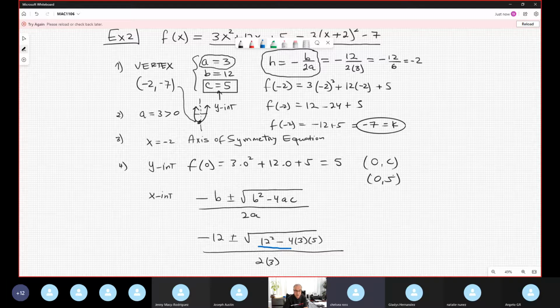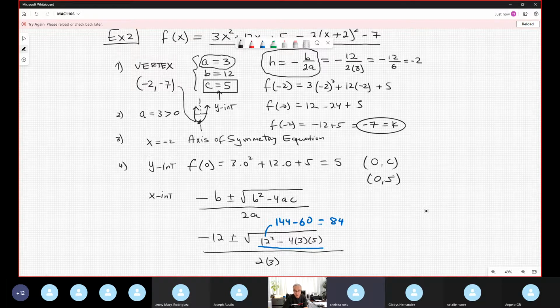That is 12 squared, 144, minus 60, since 4 times 3 is 12 and times 5 is 60, and subtracting gives 84. Unfortunately, 84 is not a perfect square. When this situation happens, you expect an irrational solution, and you either leave it as a radical or express it as a decimal approximation.